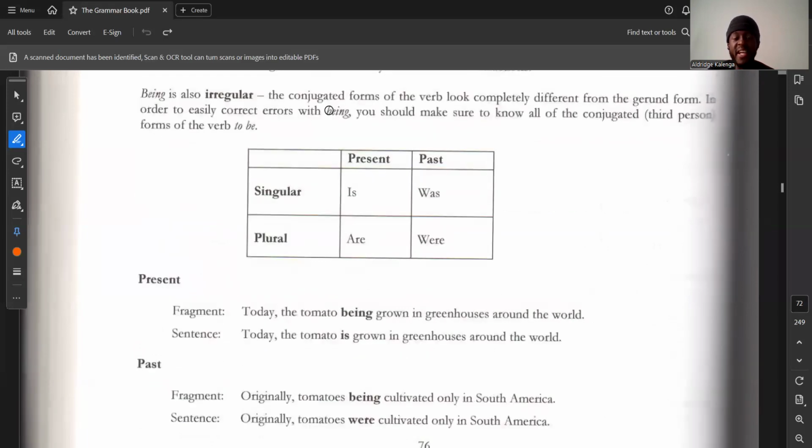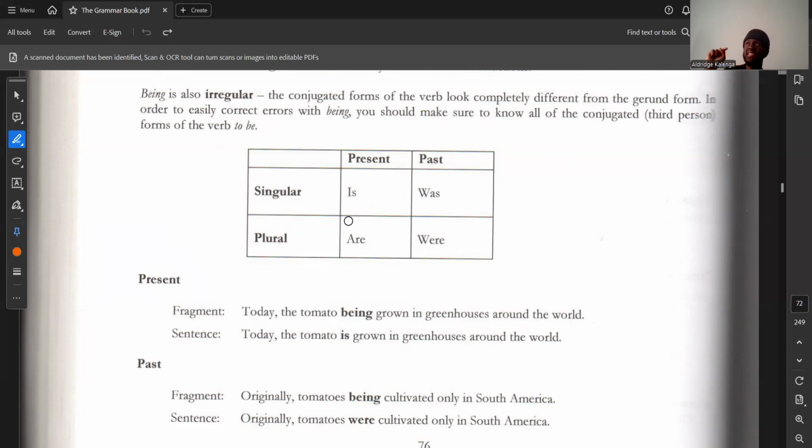The only reason why these verbs are irregular is because if you look at a verb like talk, if you conjugate it, it's going to be talks, talked, talking. It still has the root talk. But if you look at a verb like is, in plural it becomes are, or in past tense it becomes was.